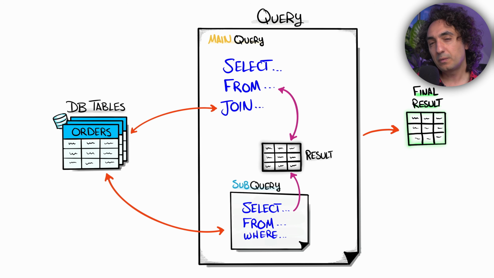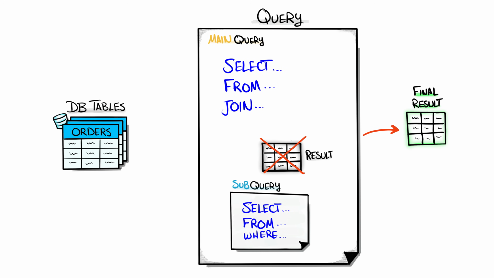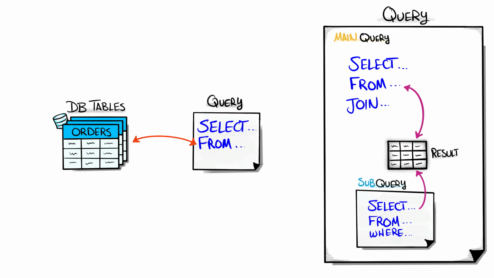Now there are two things about this intermediate result that we got from the subquery. Once the execution of the query is completely done, SQL is gonna go and destroy this intermediate result, so it's gonna totally drop it, so we will not find it anywhere, it's completely lost. The other thing is, imagine you are making another query that is completely outside of the first query.